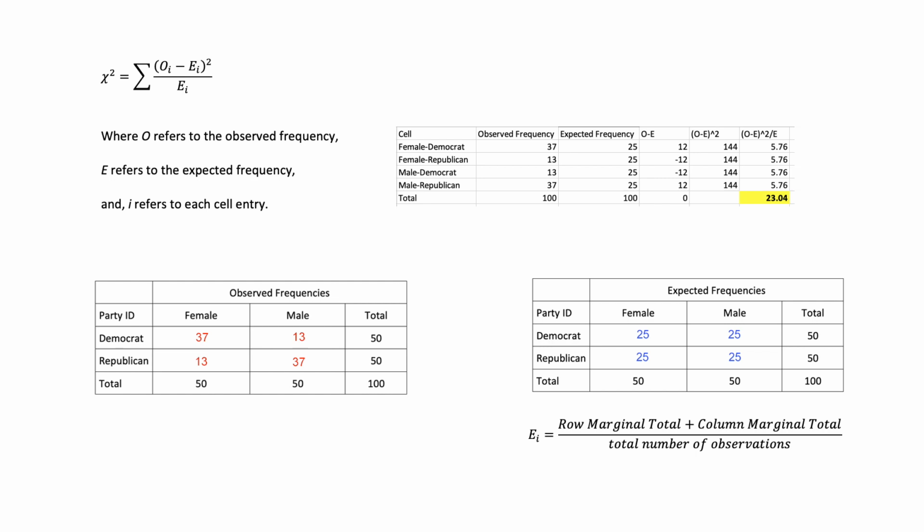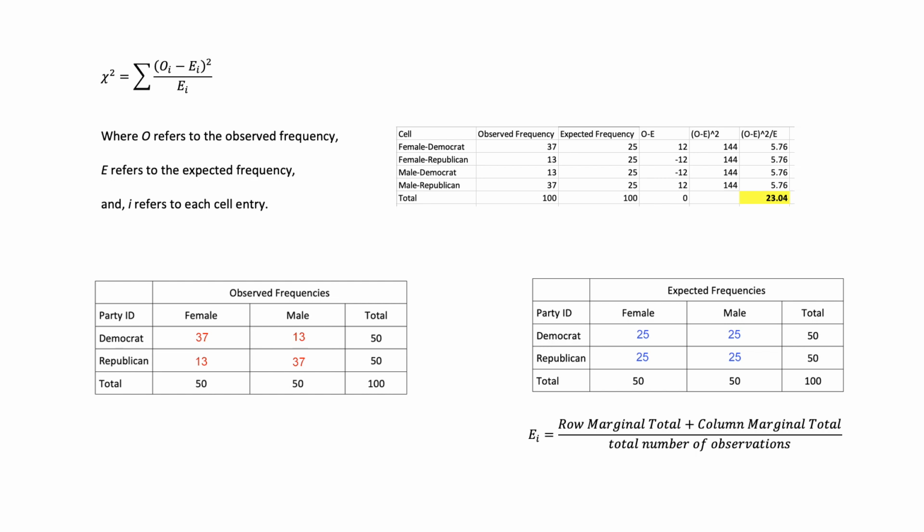The reason why we divide by the expected frequency is because tables with different values in them could significantly impact our results. So here we observe a difference of 12 units, so a squared difference of 144, out of a total expectation of 25.